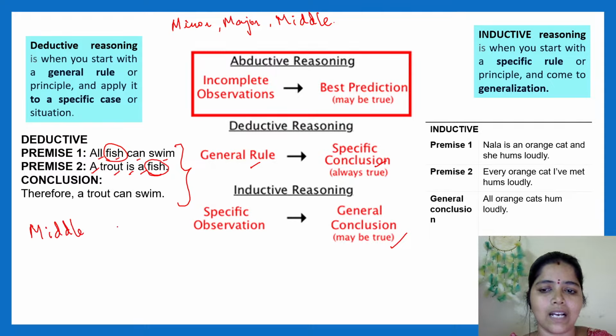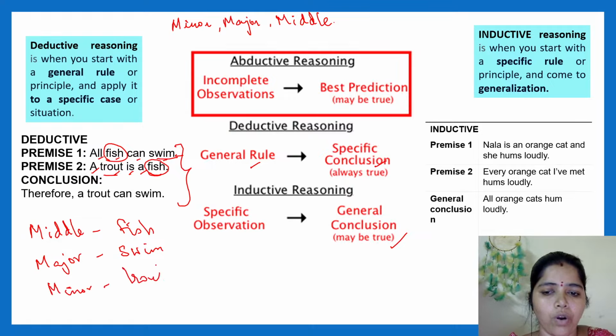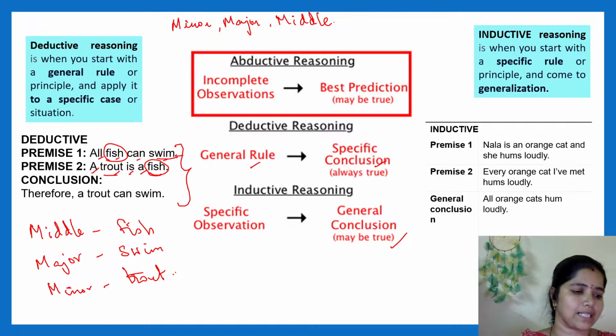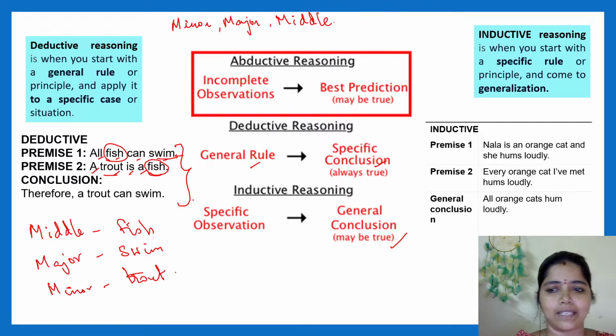We have trout and swim here. Swim is the major term. The minor term is trout. Note it down. We will see it in the upcoming classes. Middle term, major term, minor term.